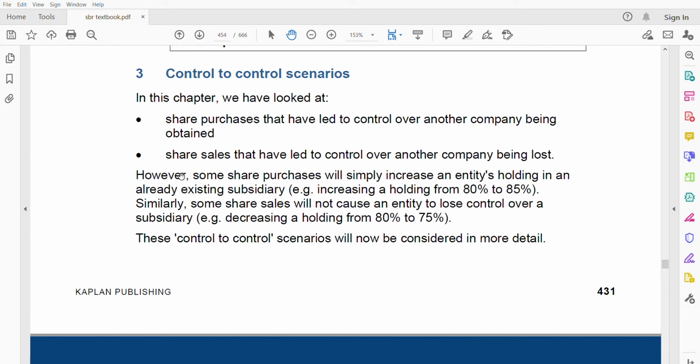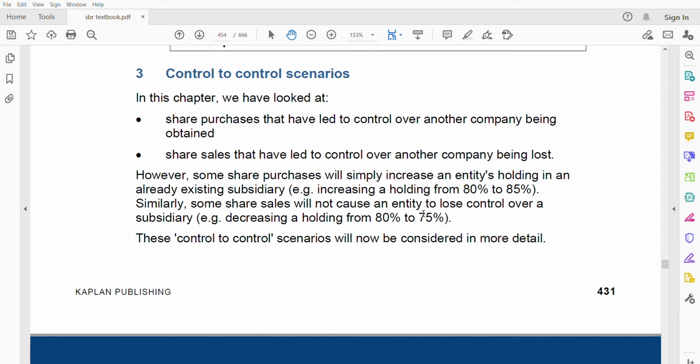Now, how are you going to deal with these situations? You are just increasing the entity's shareholding. That's it. This is not even taken as a purchase or a disposal. It's like increasing holding from 80 to 85, or if you are selling shares, from 80 to 75.